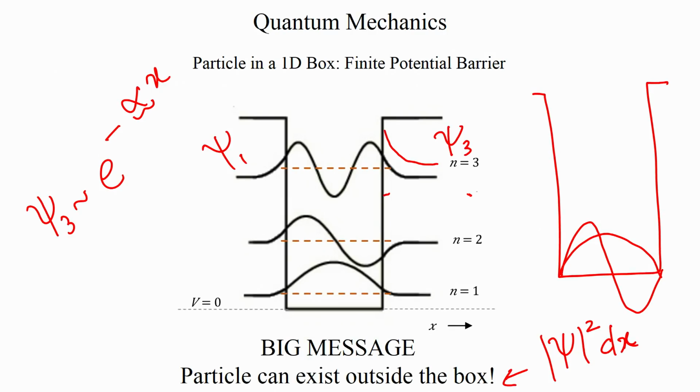The probability of finding the particle between x equal to L by 2 and infinity is given by the integral of psi 3 square dx from L by 2 to infinity, and this probability is not 0 even though the total energy of the particle is less than V naught. That is a very amazing result, but it is so naturally seen if you simply solve Schrodinger's equation. This result is important and it is in fact used on a day to day basis.